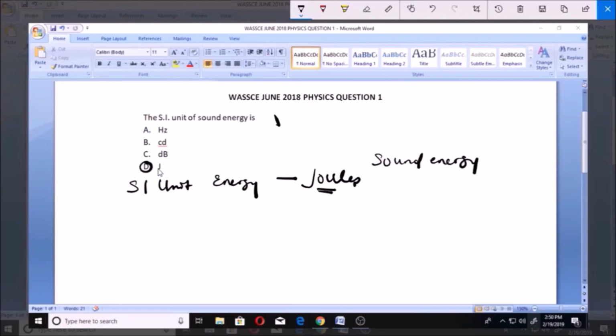For more clarity, we are going to look at the SI unit for the other quantities. Let's look at Hertz first. Hz is the unit for frequency.